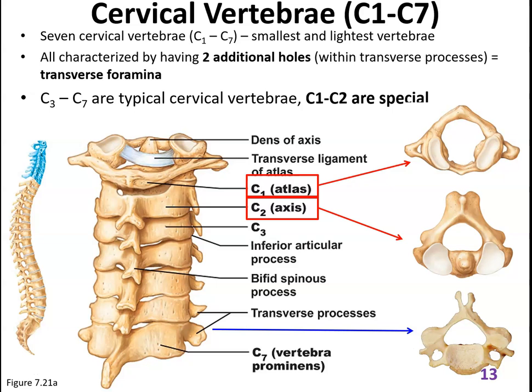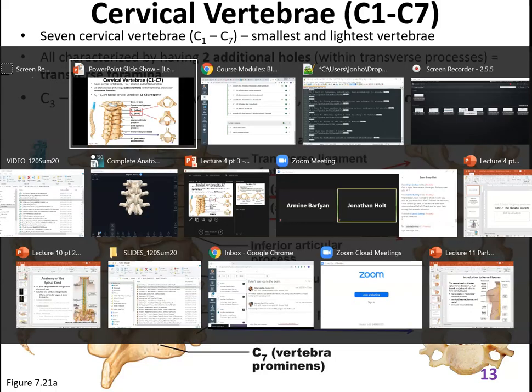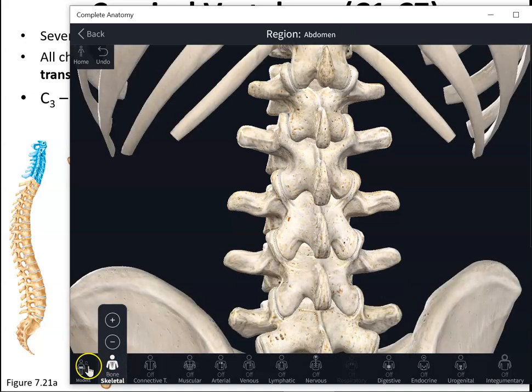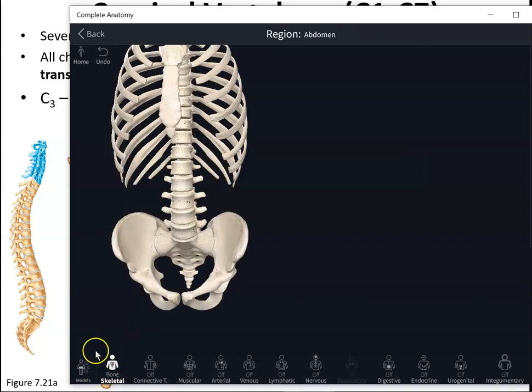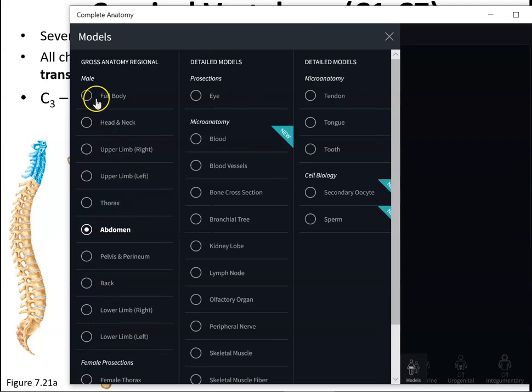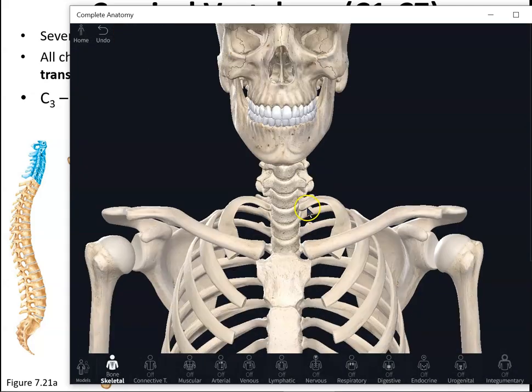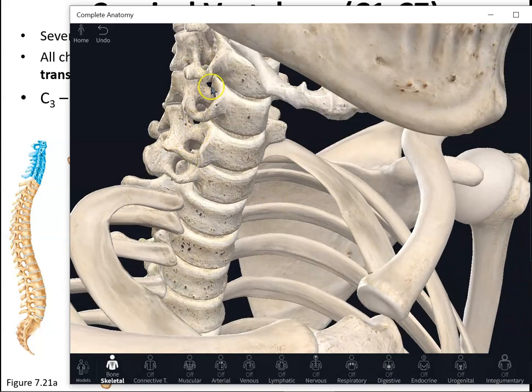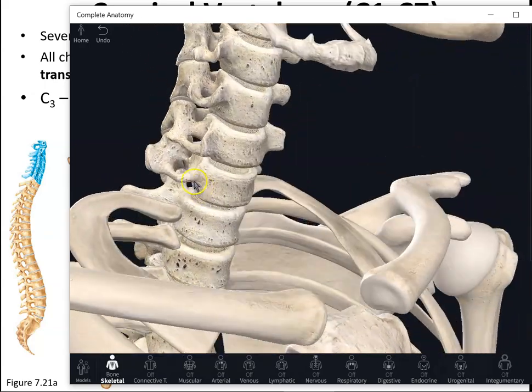But all of the cervical vertebrae have some distinct features. For example, they have transverse foramina, so these 2 little holes. And I can show you here. If I were to give this person back all their bones and look at the cervical vertebrae, there are the transverse foramina, and we just would not see those on any other vertebrae.